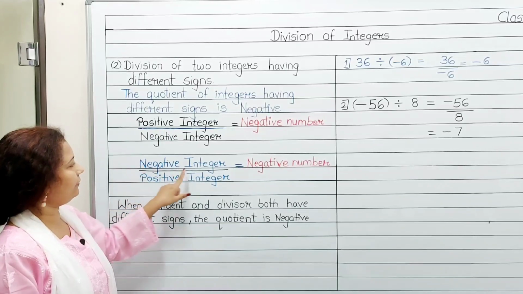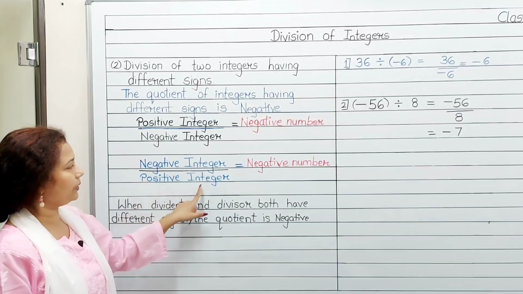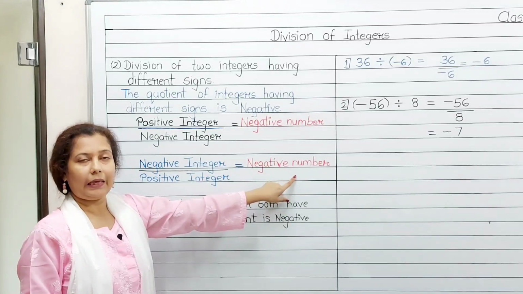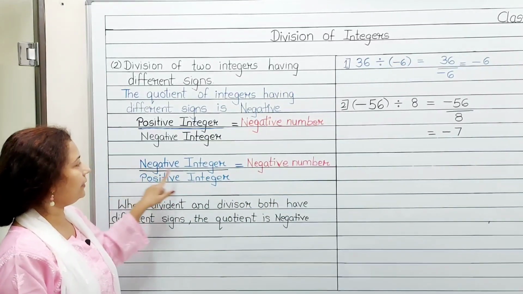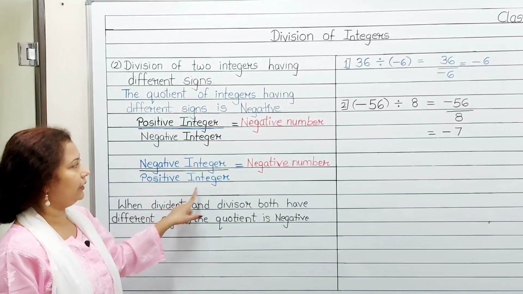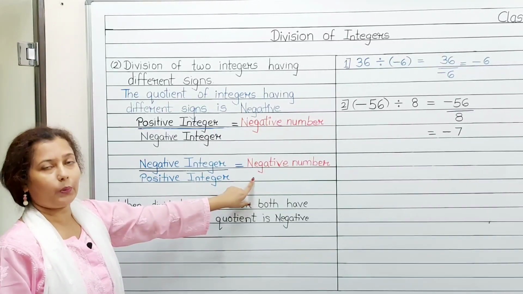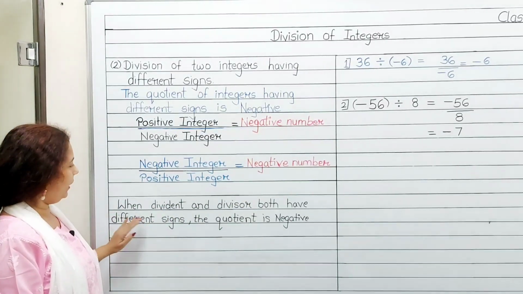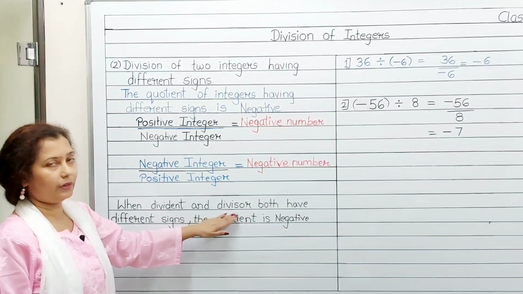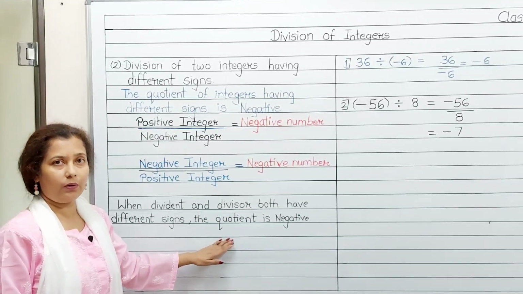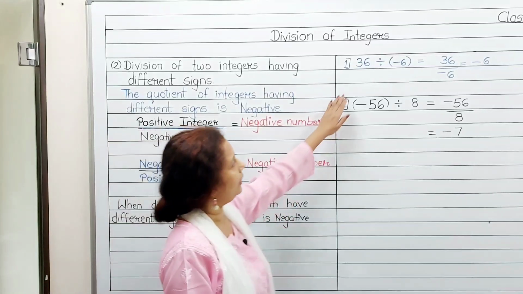Similarly, a negative integer divided by a positive integer gives a negative number. In other words, a negative dividend and positive divisor give a negative quotient. The final statement we have to remember: when the dividend and divisor have different signs, the quotient is always negative.